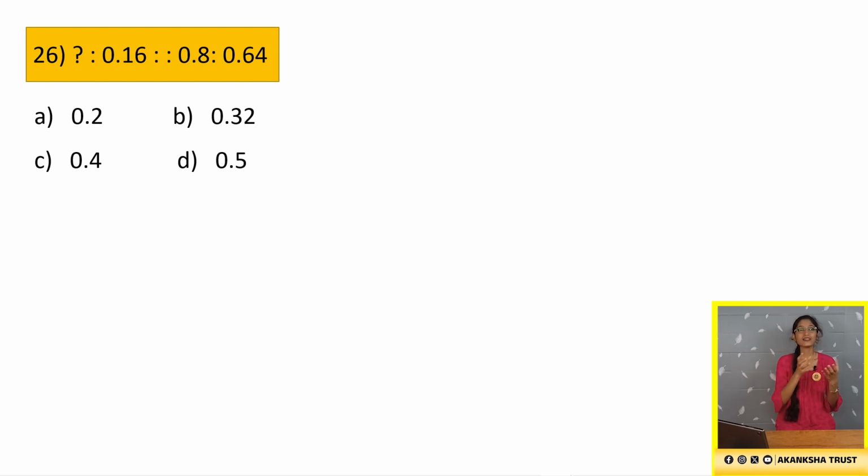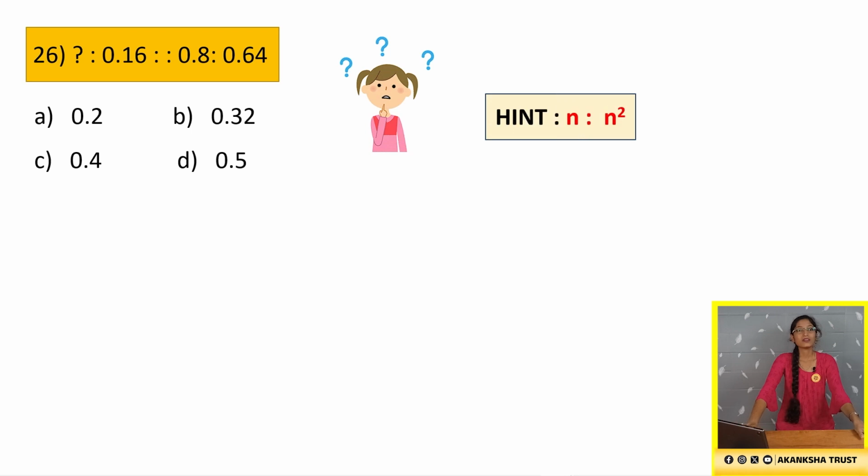Same, 16. In the first set you can see 16. 16 is the square of which number? 4. Simple. So we are taking point before that number. The relation is the same, only you have to take it in a decimal number.